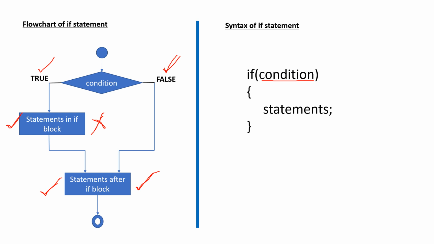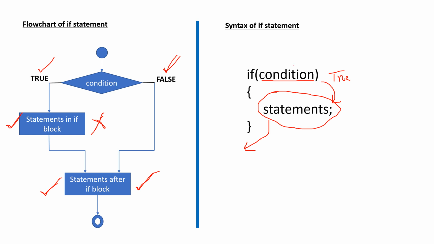If this condition is true, then all the statements in the if block are executed, then control executes the remaining statements after the if block. This is the case when the condition becomes true.